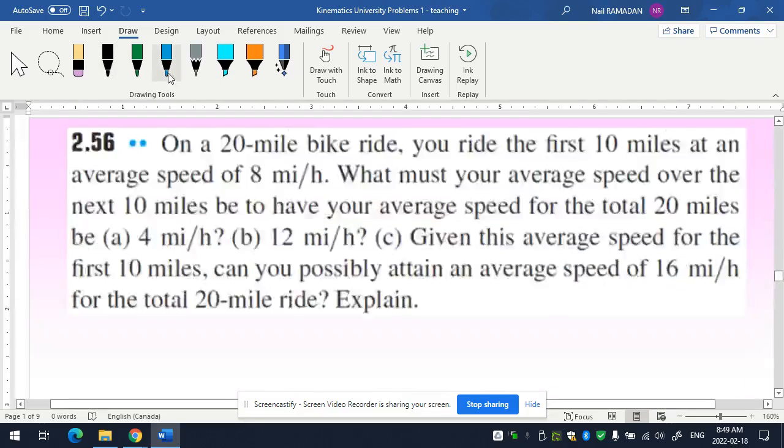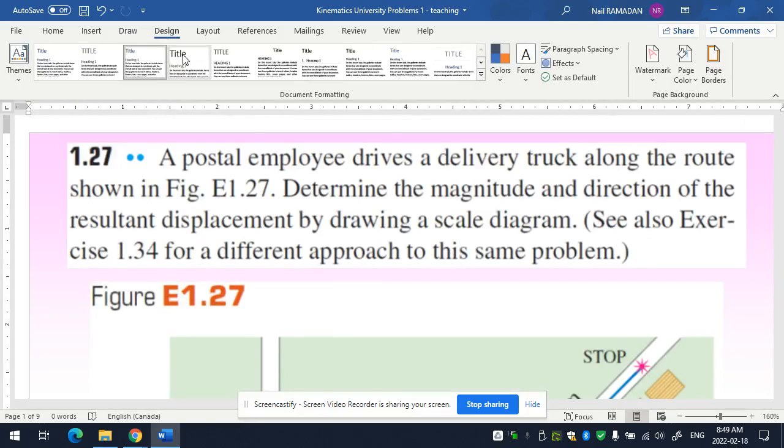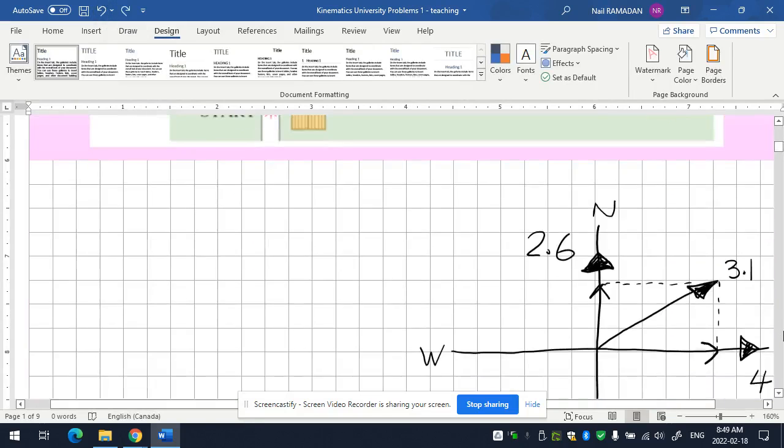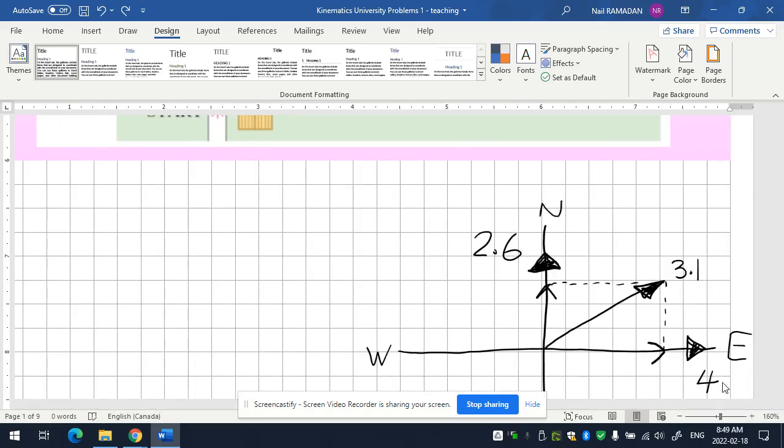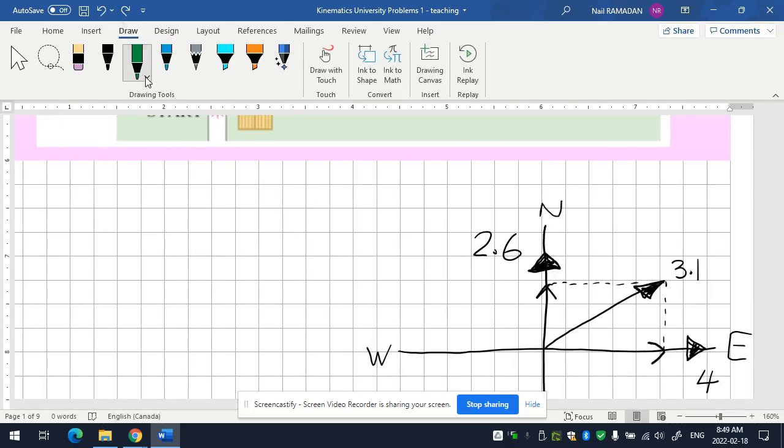I'm going to use a different color for the direction. I'm going to use green. So plus is east. How about north or south? North. There's absolutely nothing going south. So that means just like this.